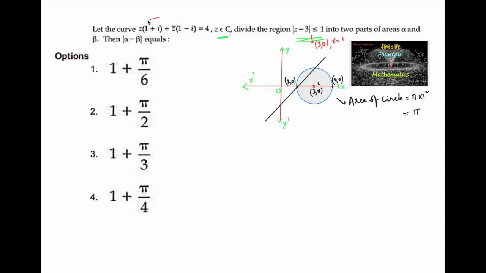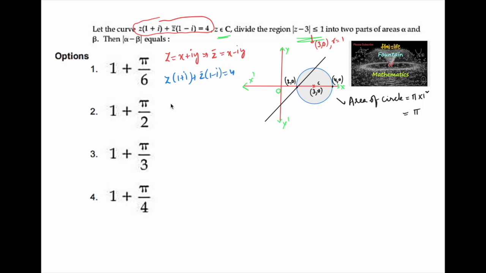Now let us consider another curve, put z is equal to x plus iy. Then z bar is equal to x minus iy. Now we have z times of 1 plus i plus z bar times of 1 minus i is equal to 4.